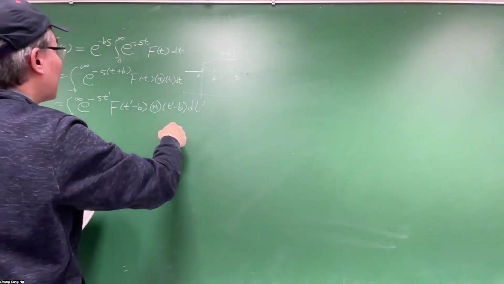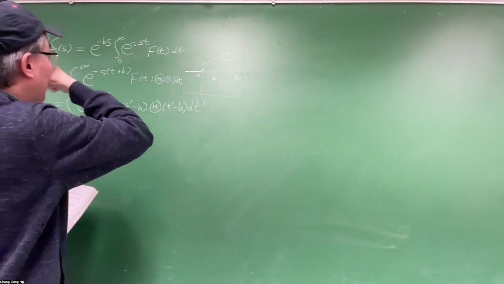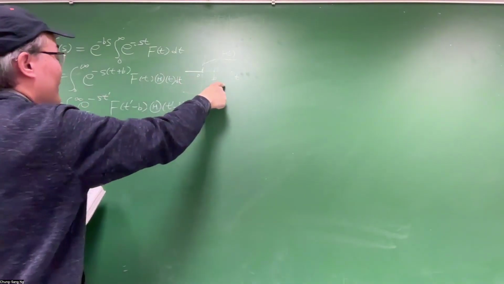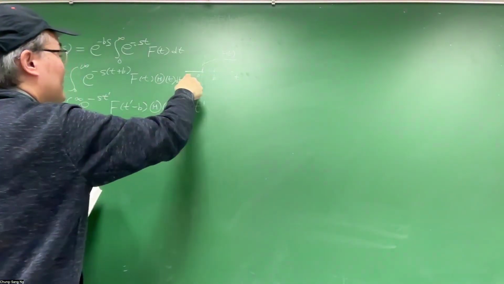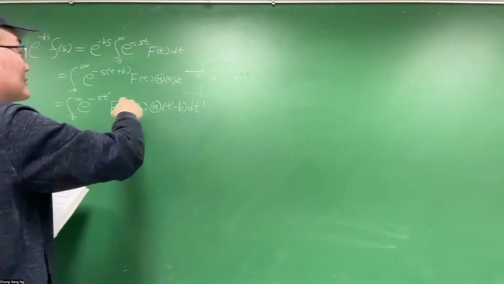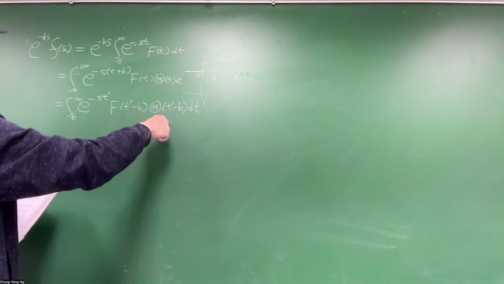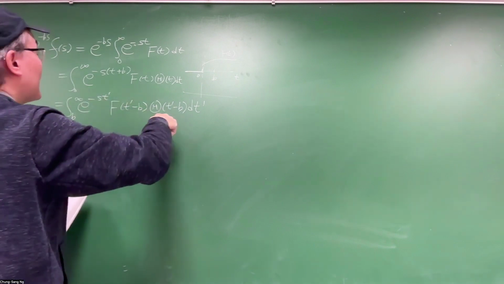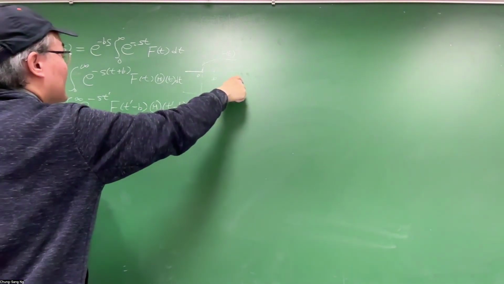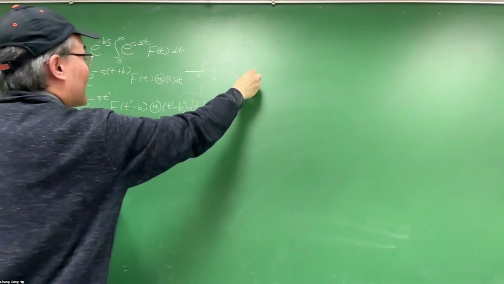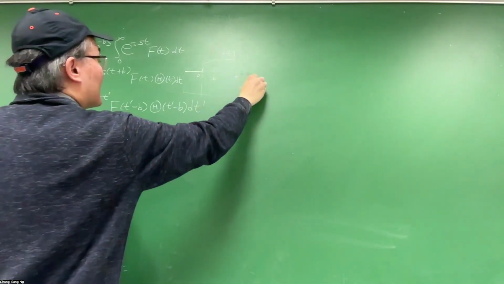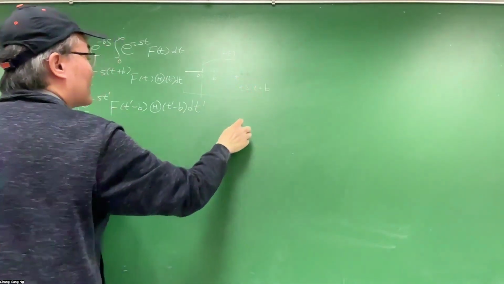So basically this function means you're still integrating the same function, just redefining your integration variable. The t prime is t plus b, right?